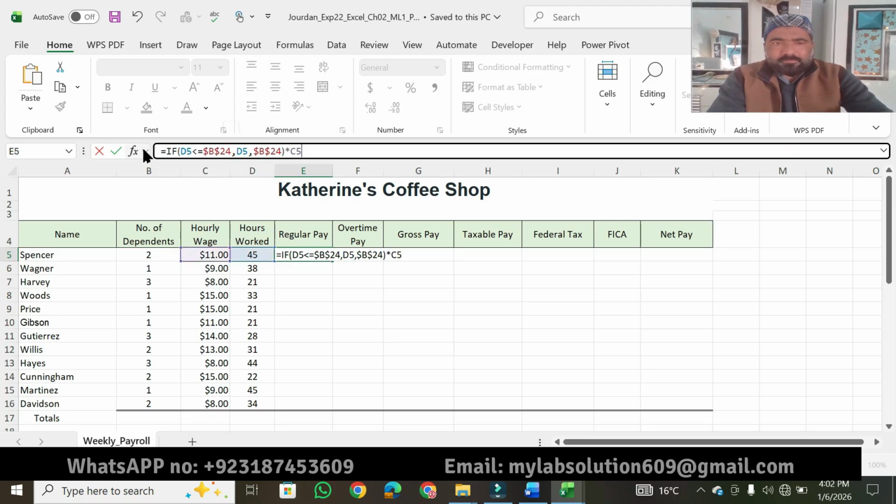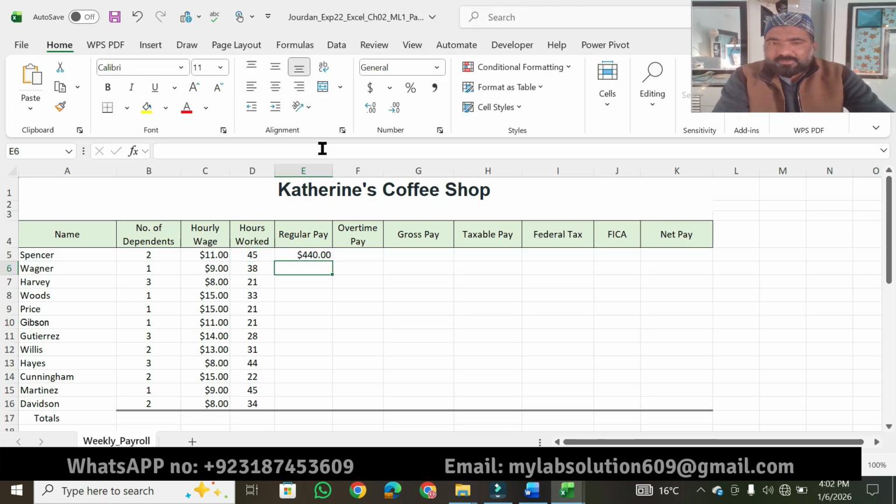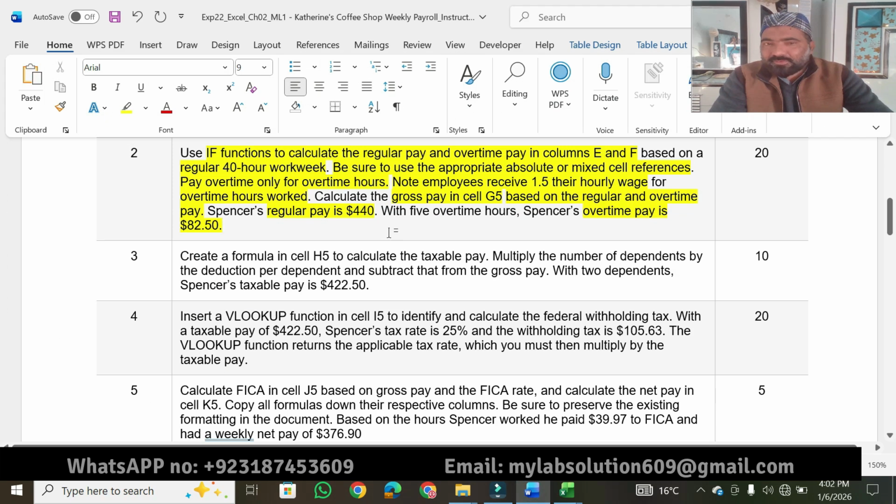So we will write IF D5 is less than or equal to B24, then D5, then B24, then we have to multiply by this hourly wage. Okay, simply press enter and we will get the answer. Now you may compare this answer with this one, so it's the same according to the suggestion.